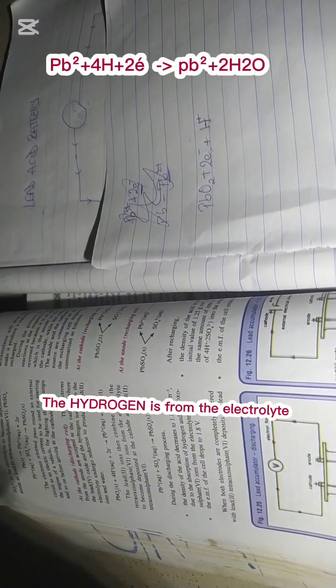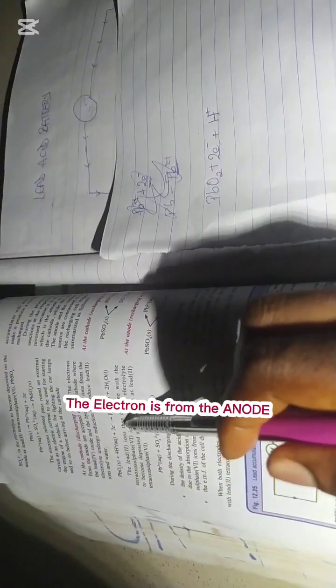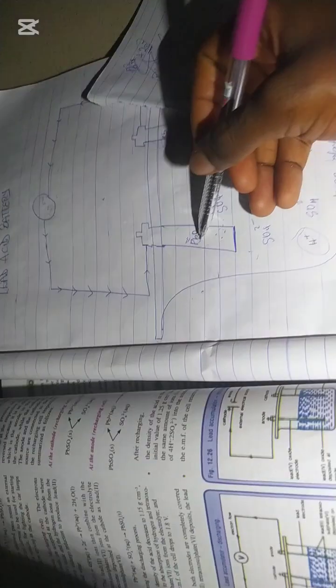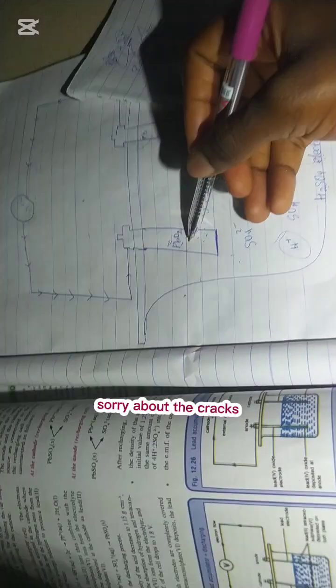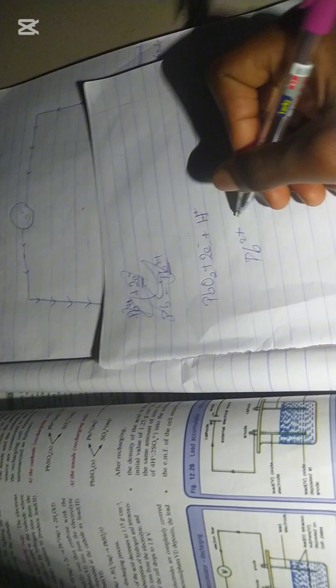So PbO2 plus hydrogen plus the electron that we've discussed, how the electron got there, will give us lead ion plus water. So after everything over here, what we'll later get is lead ion plus water. So we have Pb2+, which is the lead ion, plus the water.